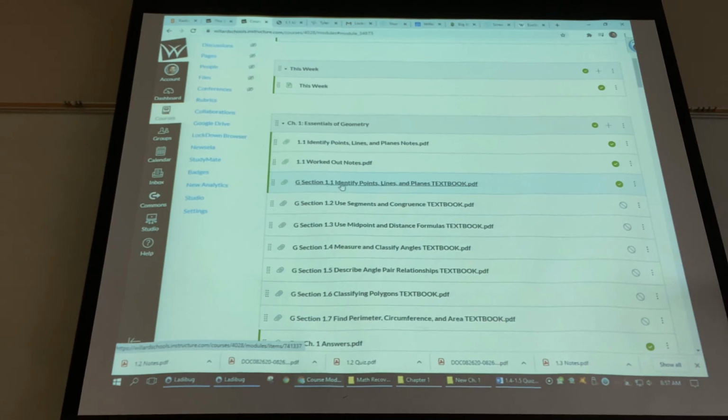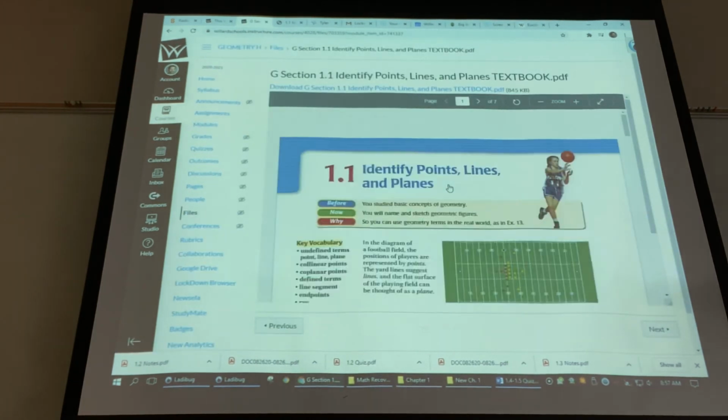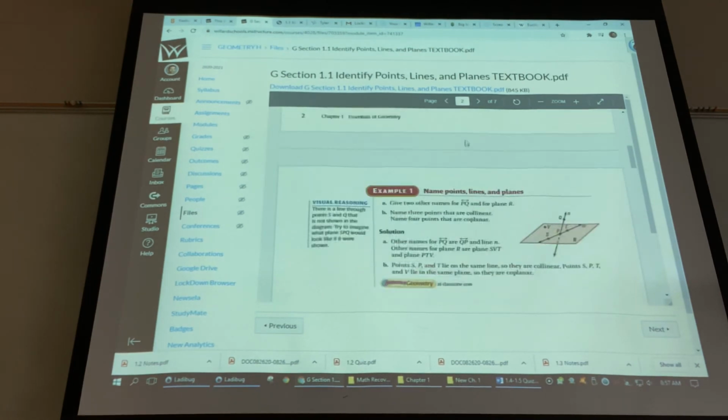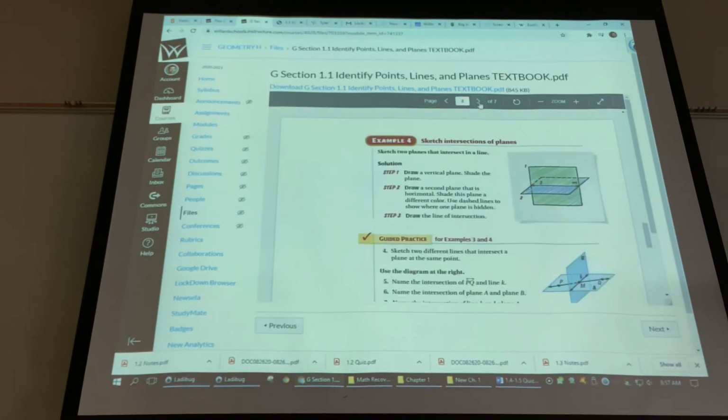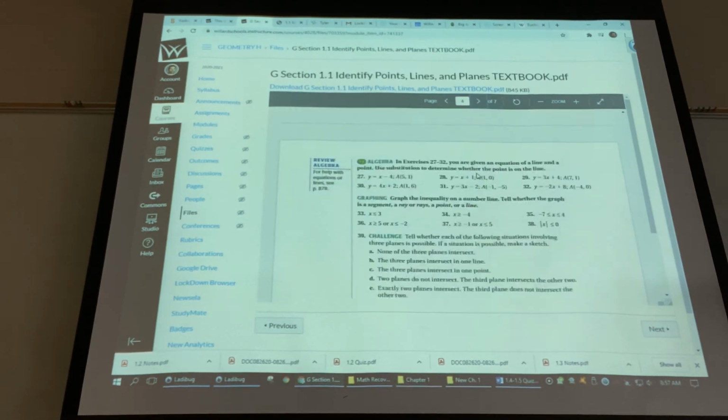So G section 1.1, identify points, lines, and planes textbook. If you click on that, it'll be a PDF. And then you can see what the book has to say. And then you can arrow on over to the skills practice.